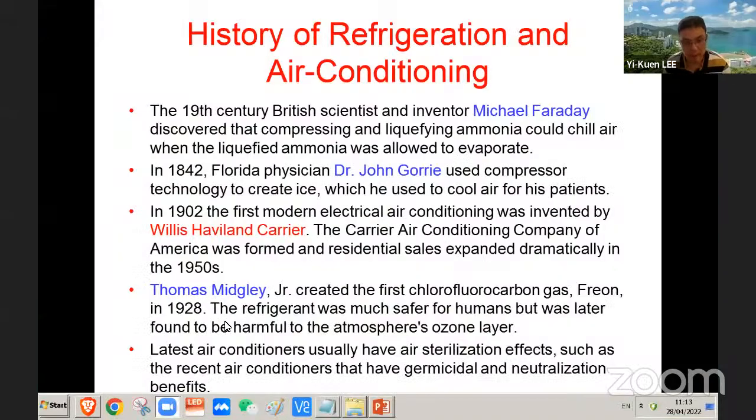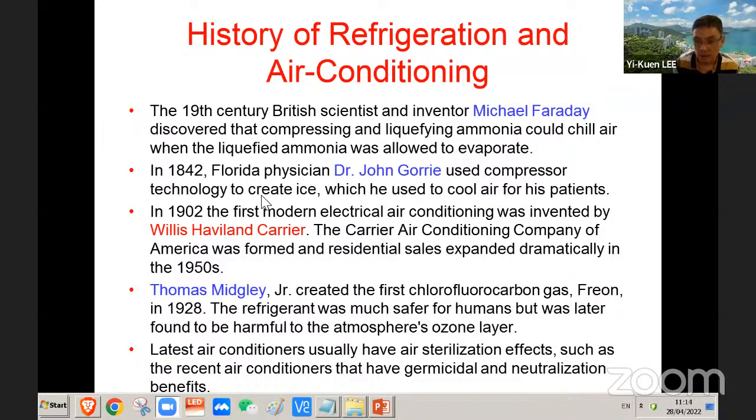Of course, in the past many years engineers have continued to improve air conditioning systems. Do you think there's still something you can improve? That's also a question, because we're engineers. Can you come up with some new idea about air conditioning systems? Here's a brief history.